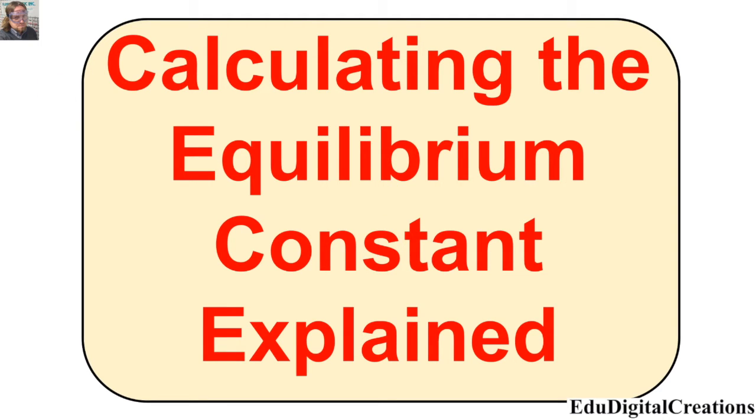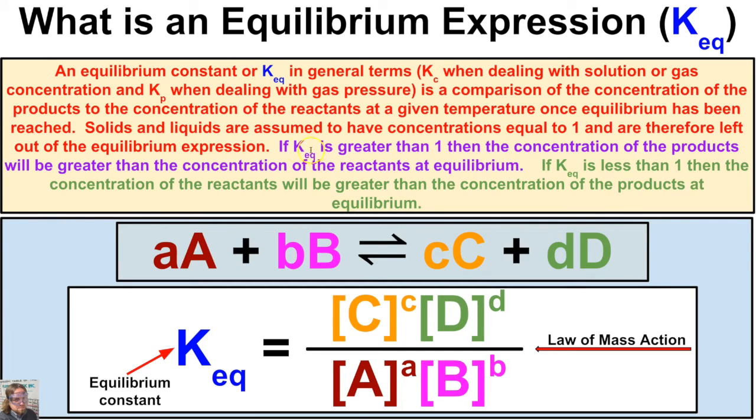And if you remember from an earlier video, we learned how to write equilibrium expressions, right? We said that if you want to write the equilibrium expression for the chemical reaction that we see right here, it's simple. We're going to take Keq, which is our equilibrium constant, that is to say the relationship between the concentration of the products over the concentration of the reactants.